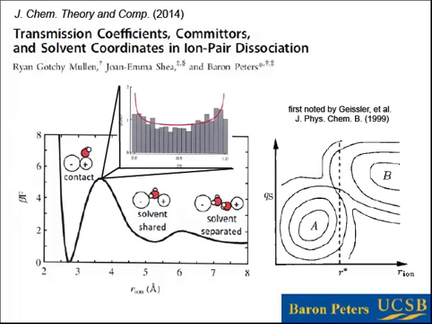That's actually not what you see. Instead, you see a bunch of configurations where nearly 100% of the trajectories go on to form solvent-separated pairs, and you also see configurations where nearly 100% of the trajectories go back to form the contact ion pair. There are a few transition states in here, which is an indication that this coordinate is not absolutely terrible. But nevertheless, it's not a very good coordinate, and that's a surprise because it means the water is doing something important.